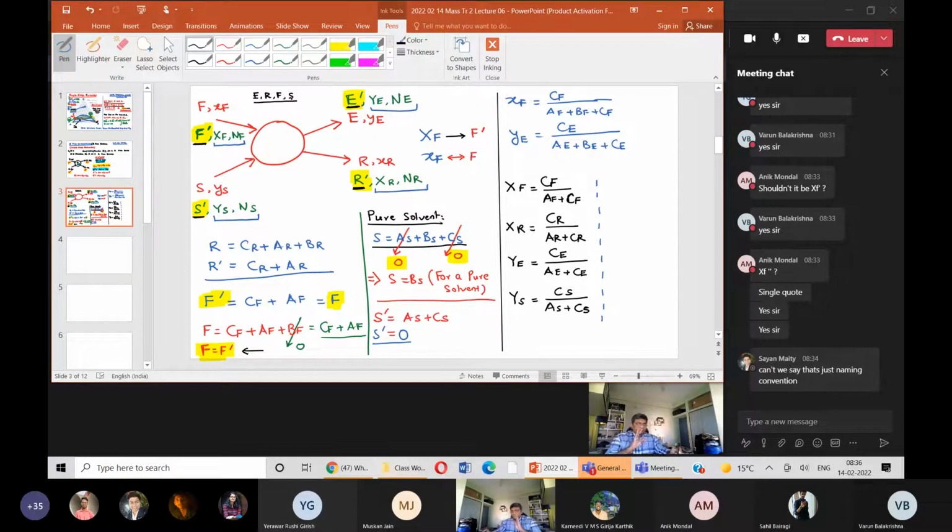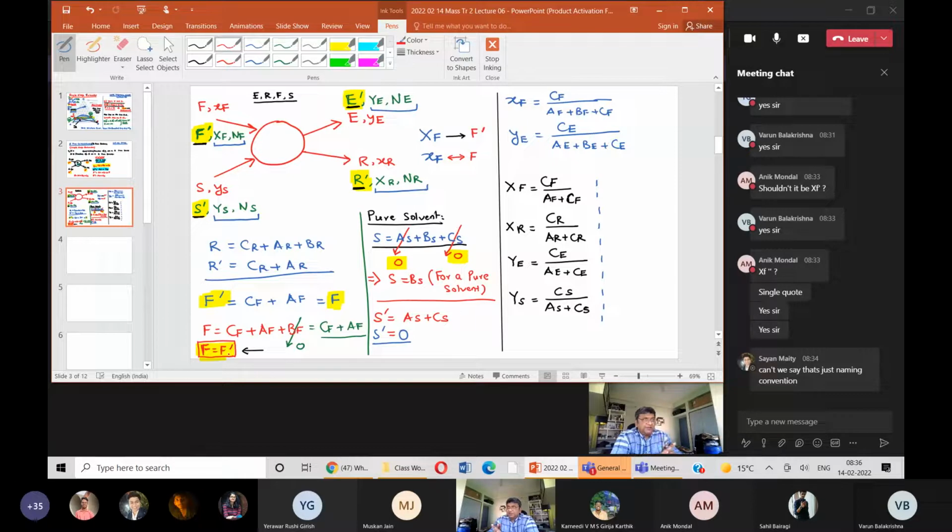Please do not confuse that S dash is equal to 0 means you are going to run an extraction system without solvent, right? Now, Onik's question has even more merit because somewhere we have shown that F is equal to F dash. And therefore, he is asking, shouldn't we write it X F dash? Answer is it's not required.